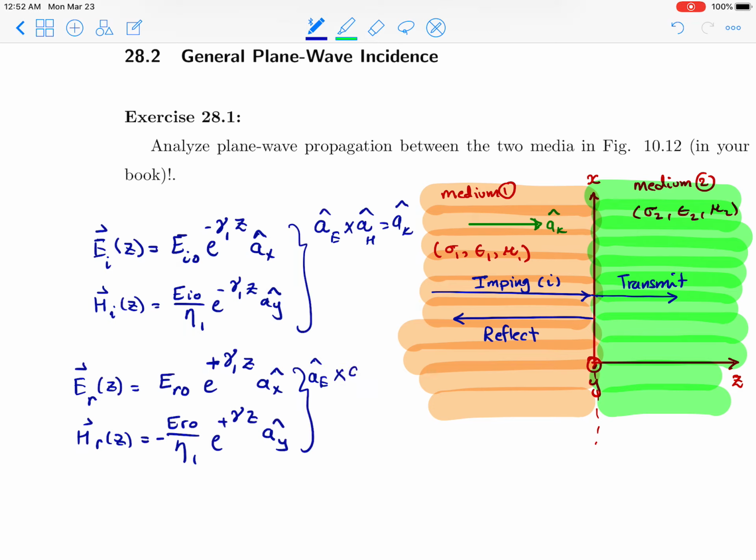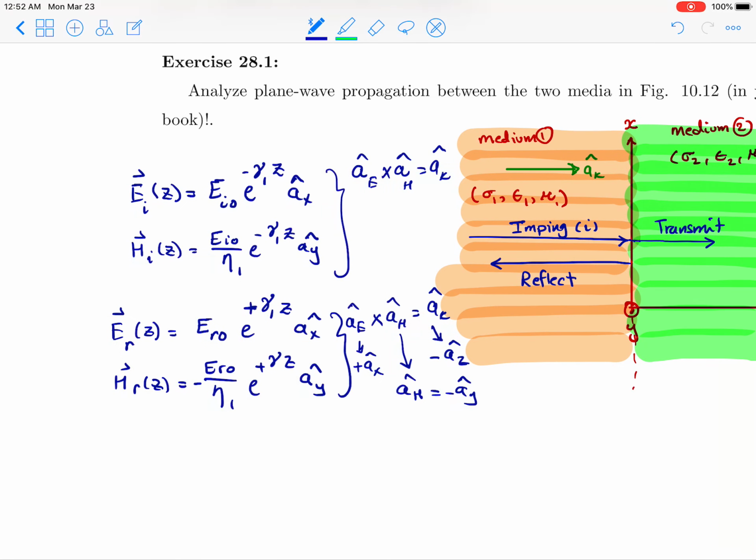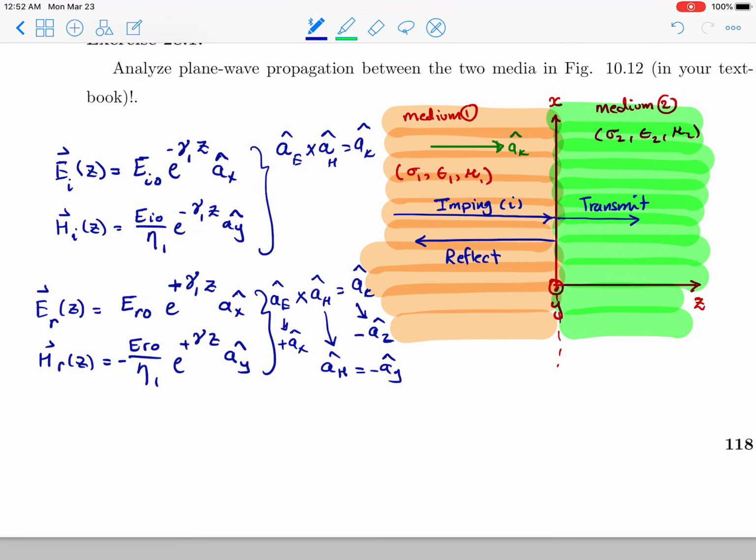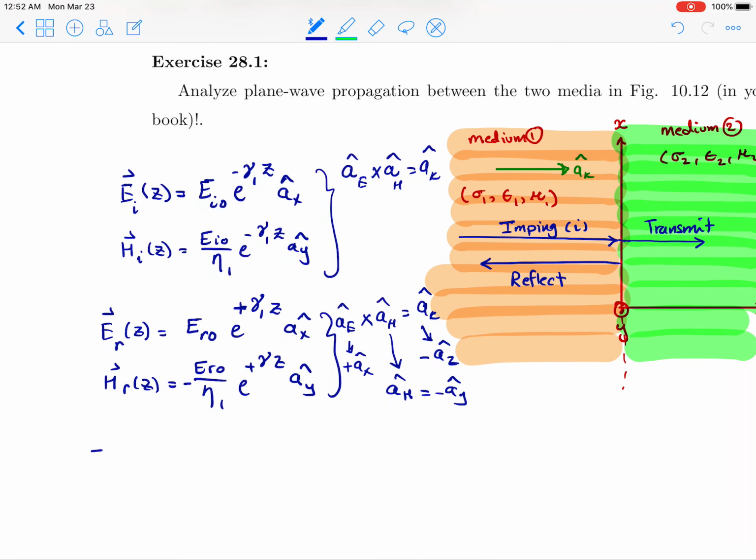Here, for this equation, AE is still positive AX, AK is now negative AZ, so AH should be negative AY. Now the last component is the part of the field that's been transmitted to medium 2. I can write it in the same form, with T naught.